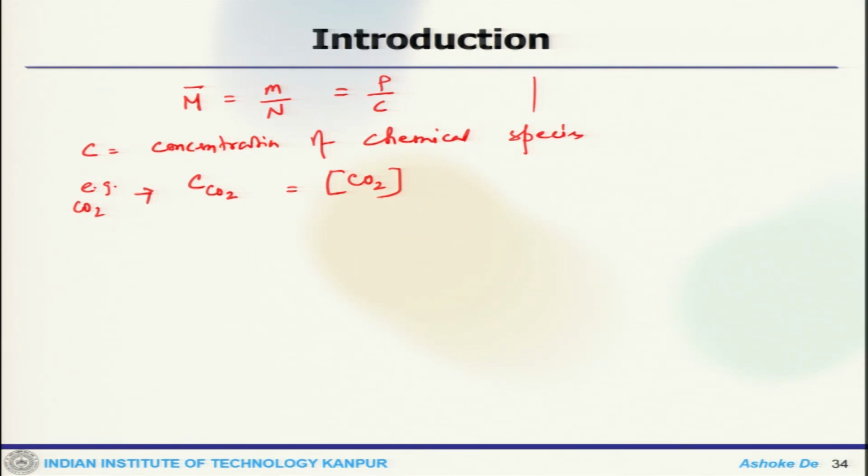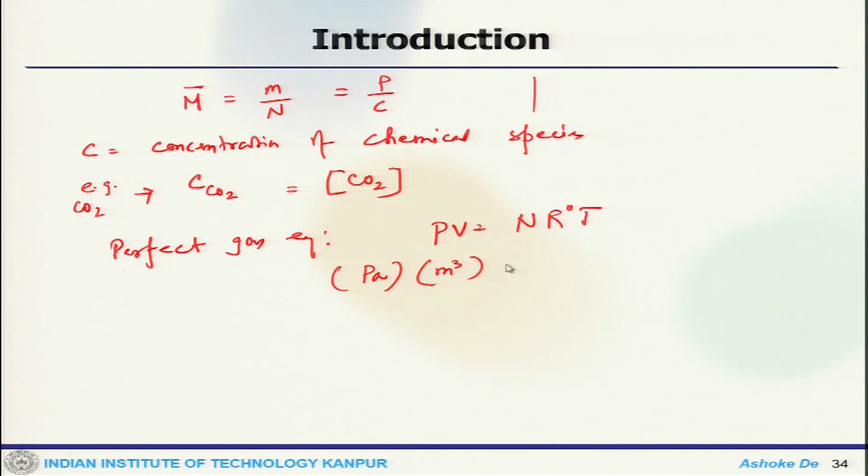For most conditions involved in combustion, it is quite satisfactory to use the perfect gas equation. That is one of the equations that one can use, the equation of state or perfect gas equation, where PV would be N R naught T. If you do the unit balancing, P is in Pascal, V is meter cube, N is mole, R naught is joule per mole Kelvin, and T is Kelvin.